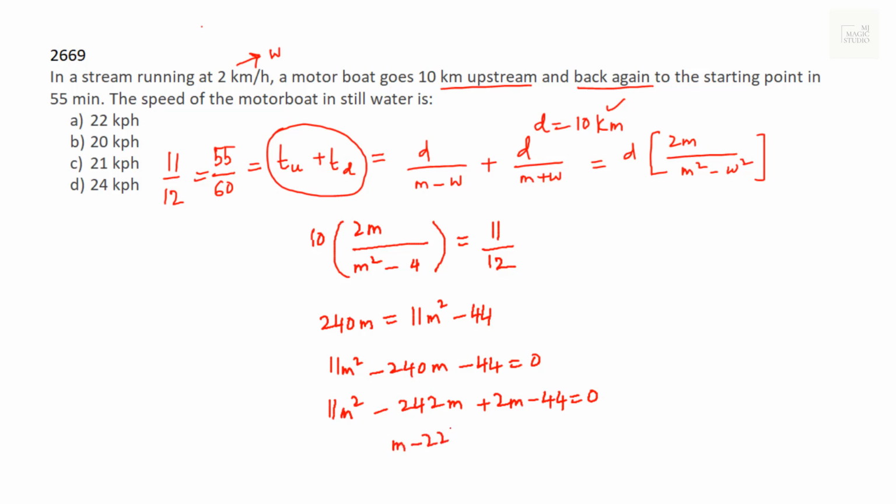We'll get m minus 22 into 11m plus 2 equals 0. m minus 22, when compared with 0, m will be 22. Because 11m plus 2 cannot be equal to 0. So what is the speed of motorboat in still water? Solve it, you'll get 22 km per hour.